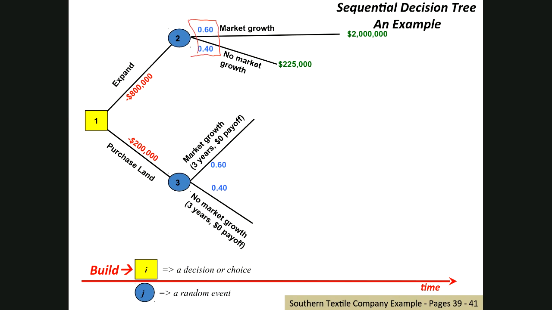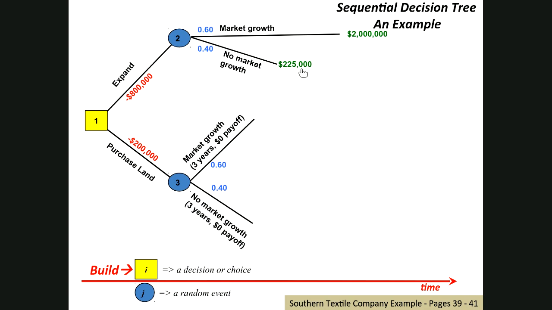And in either case, if you expand your property, there's a 60% chance that the market will grow. There's a 40% chance that the market won't grow. If the market grows, you'll return $2 million. If the market doesn't grow, you'll earn only $225,000.